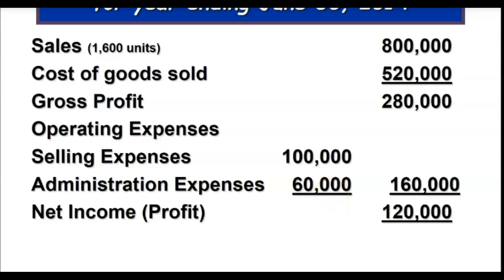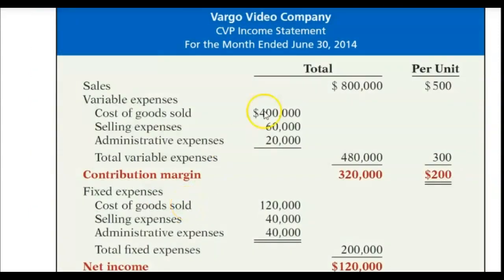But for our purposes, it doesn't help us as management decide what's going to happen in the future. What we do is we determine which costs of the cost of goods sold are fixed and which are variable, which of the selling expenses are fixed and which are variable, and which administrative expenses are fixed and which are variable. And we produce then what is called a cost volume profit income statement.